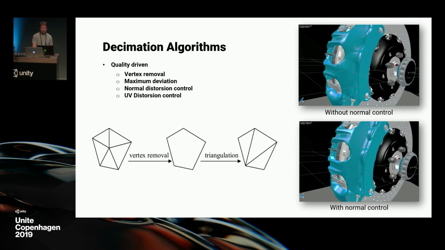One other powerful parameter that we expose is the normal distortion control. In short, it checks the normal at any point of the mesh, even where it is interpolated, and controls the distortion in terms of angle of deviation. This algorithm can even control the UV distortion in the same way.